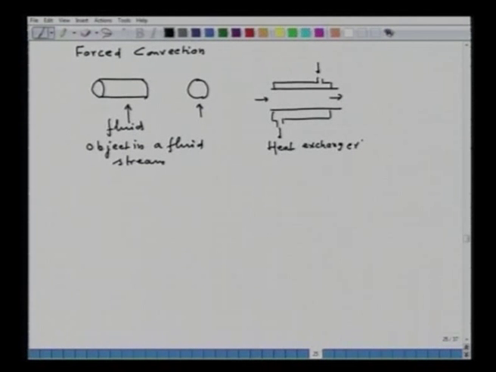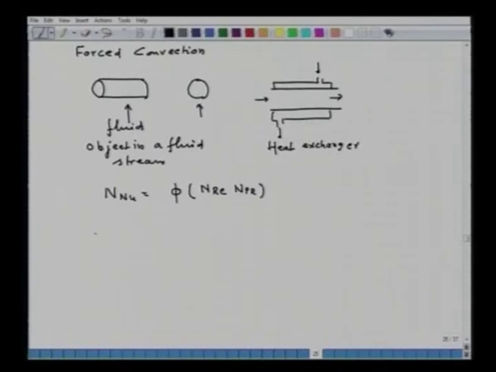Similarly, regenerator, recuperator, they are all cases of forced convection heat transfer, and for heat transfer by forced convection, the correlation is that the Nusselt number is a function of the Reynolds number and Prandtl number. Reynolds number enters because the liquid is moving.